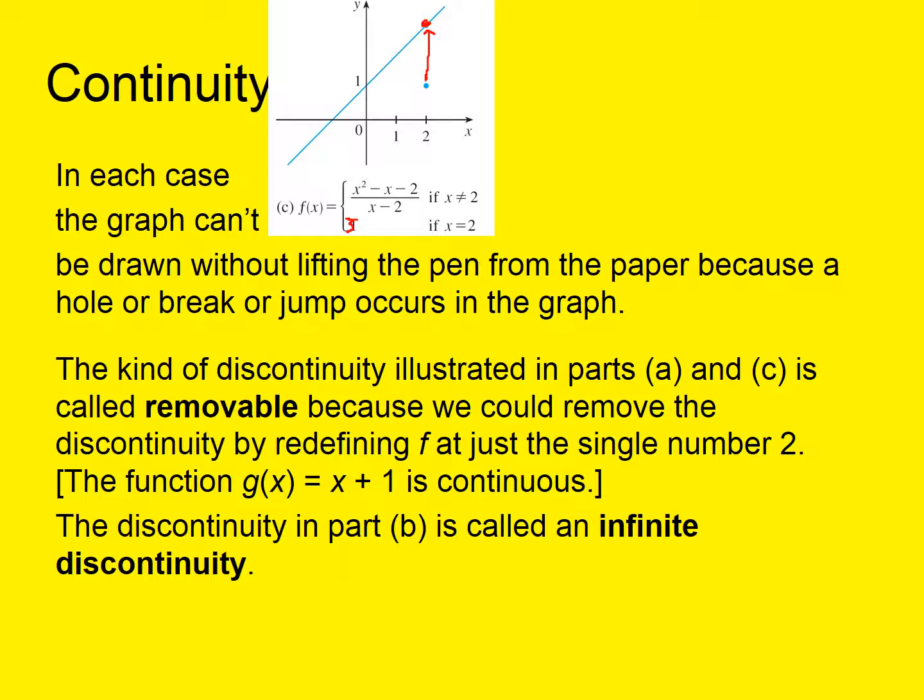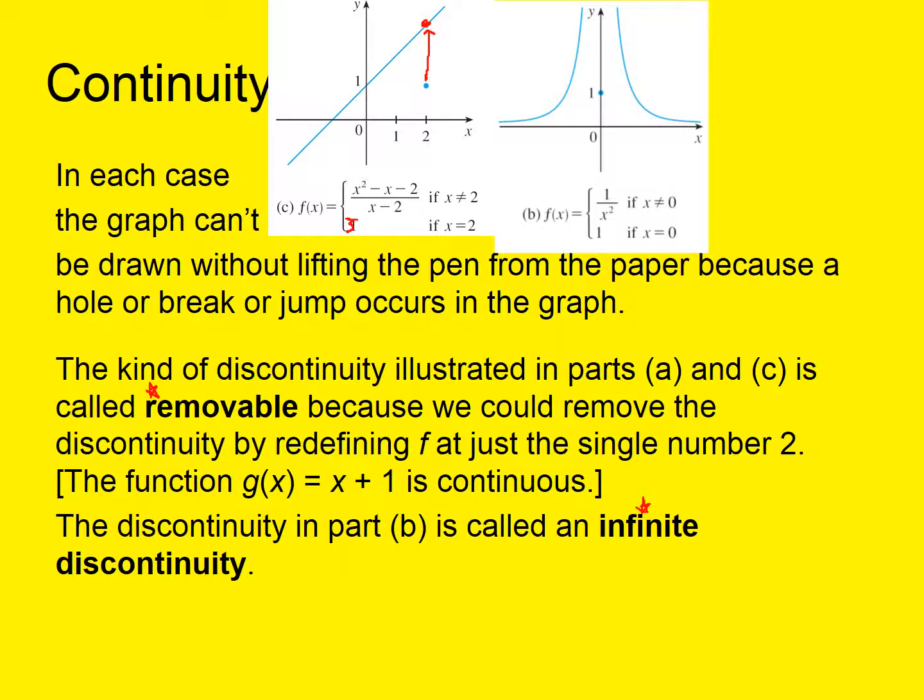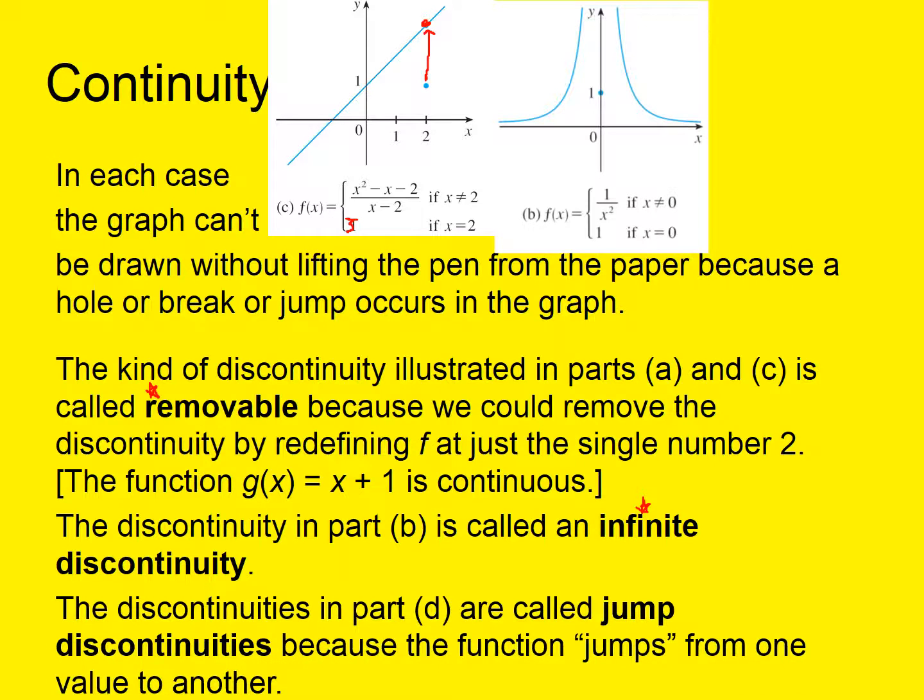So removable is one of the 3 kinds of discontinuity. Another one is infinite discontinuity. You can't draw that without lifting your pencil from the paper. So that's another kind.